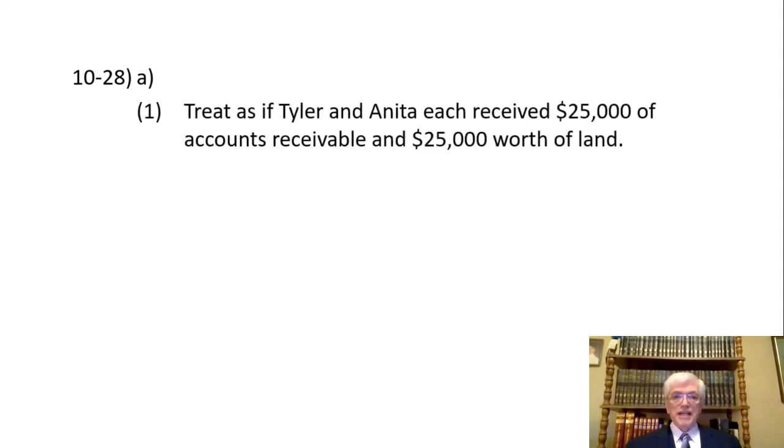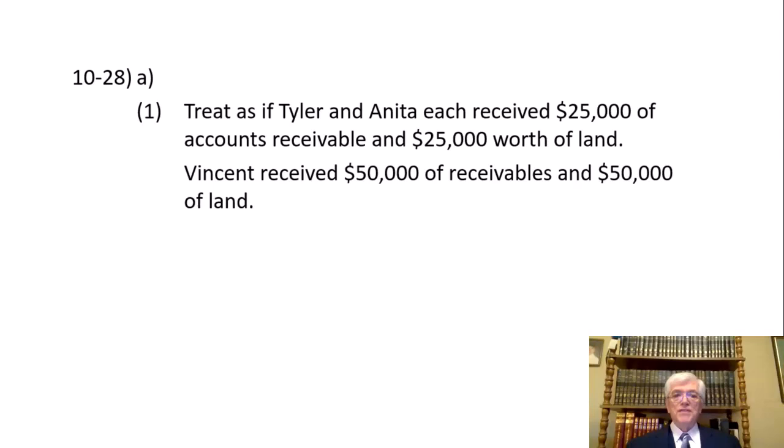So we're going to treat as if Tyler and Anita each received a proportionate share of accounts receivable and then also a proportionate share of the land, which would be the total $50,000 each of them got would have been $25,000 each of receivables and $25,000 worth of land. Vincent would have received $50,000 of receivables and $50,000 of land.